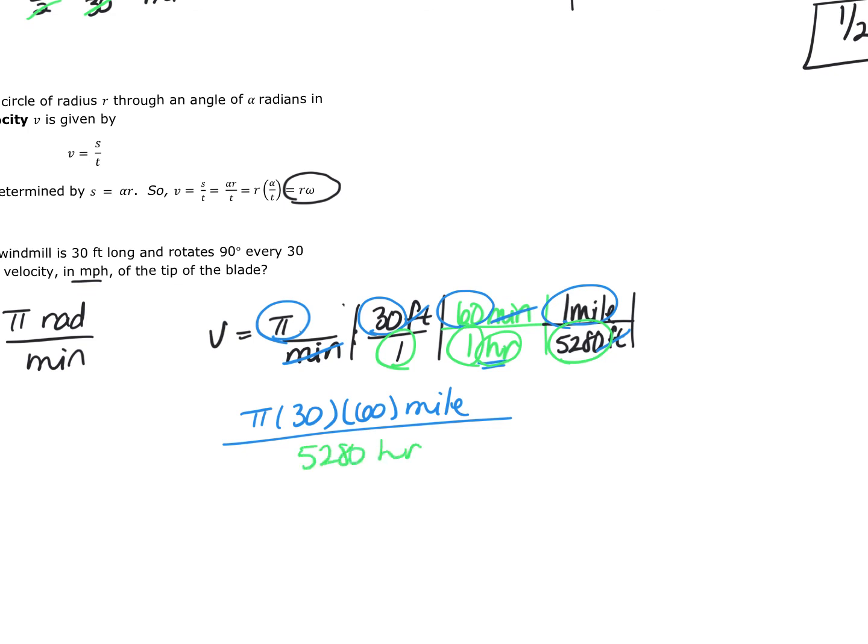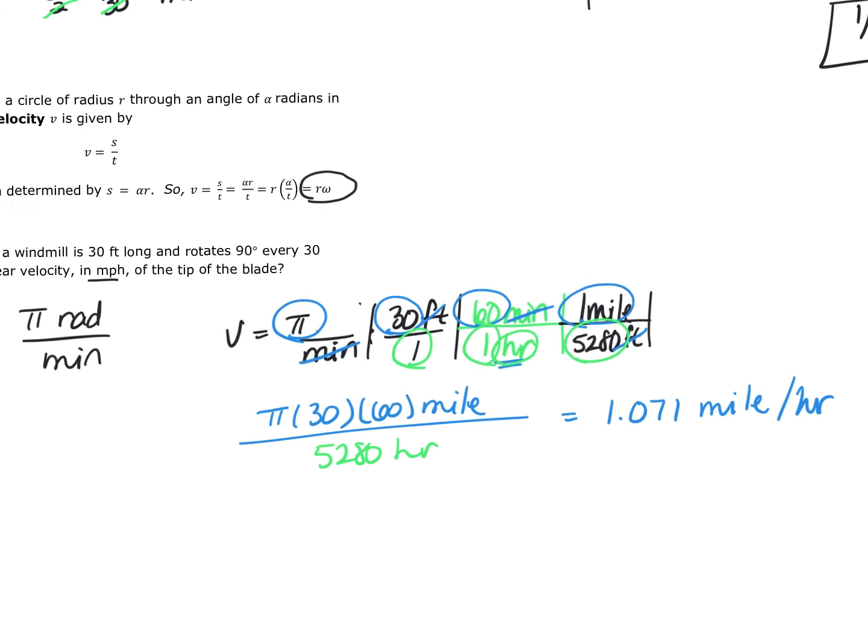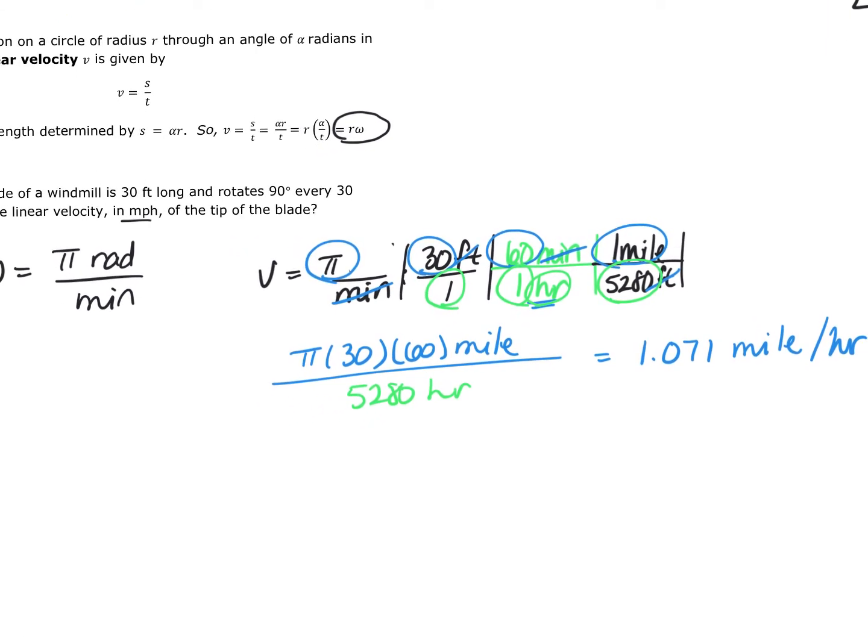I'm going to get my calculator out and I'm going to do 30 times 60 times pi, and I'm going to divide it by 5280. And I end up with 1.071 miles per hour.